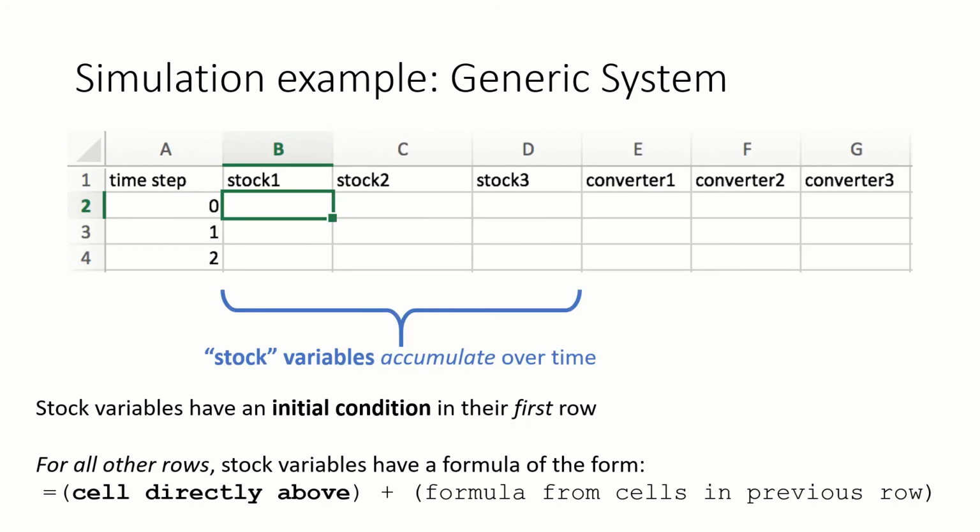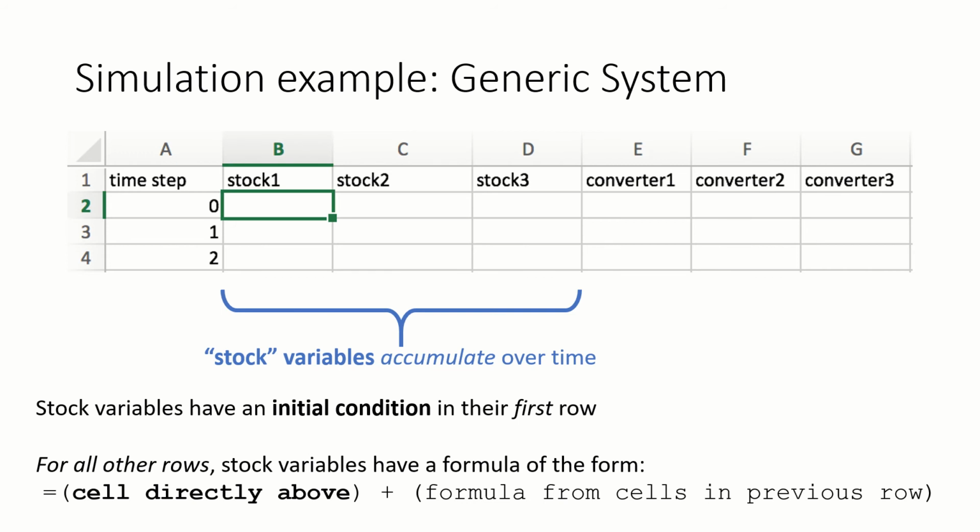So the basic formula here for this kind of stock and flow, bank account like system, is I can set up time steps down one column, and then I create stocks. In this case, my stock was my bank balance. I call them stocks because they're the things that are accumulating over time.